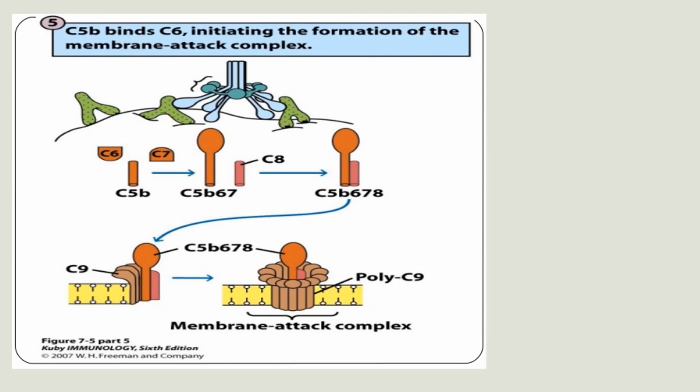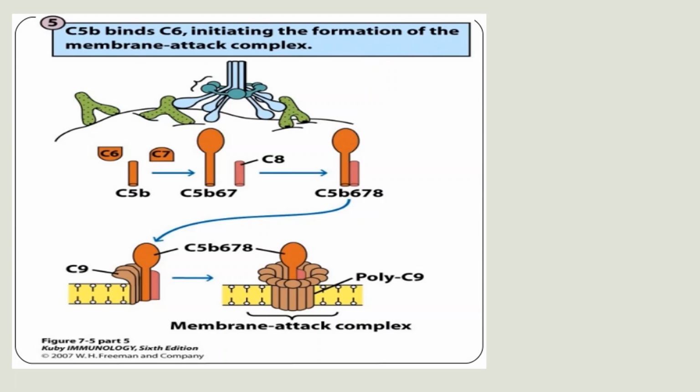So the classical complement activation pathway is an antibody dependent pathway that begins with antigen antibody formation, and C1q of the C1 complement protein. The globular domain of C1q will bind to the Fc portion of the antibody, and C1s will cleave C4 and C2 to form the C4b2a complex.